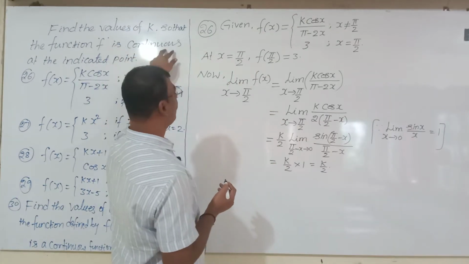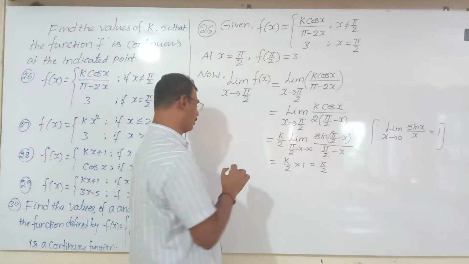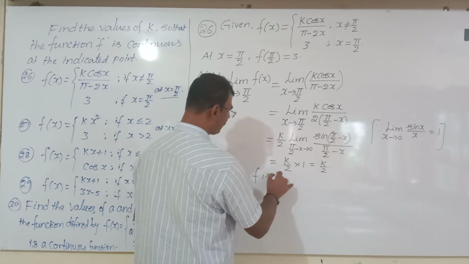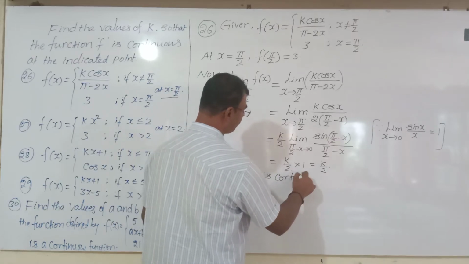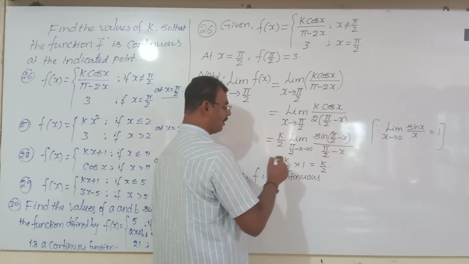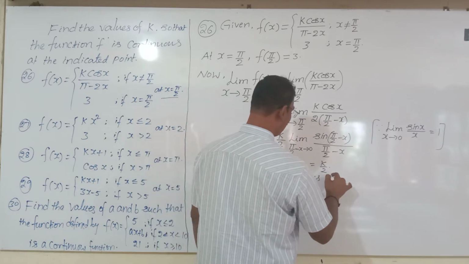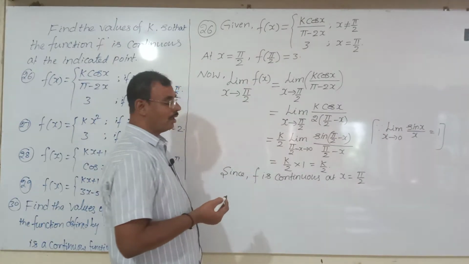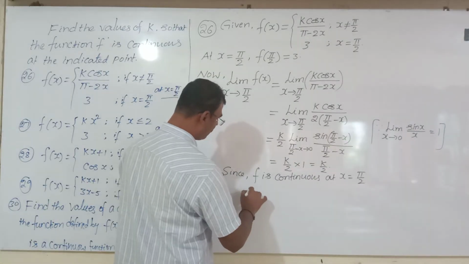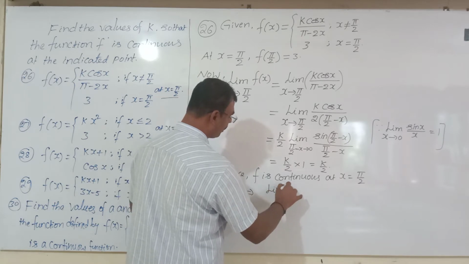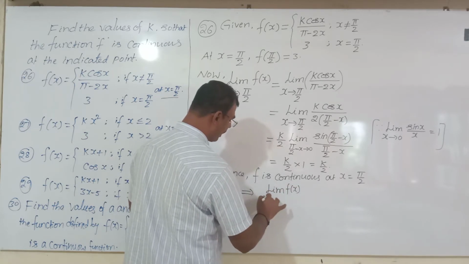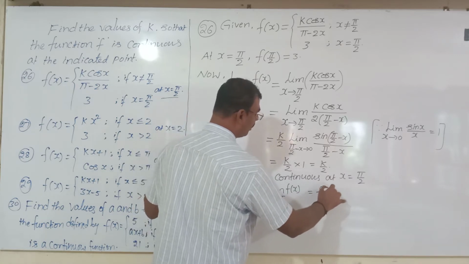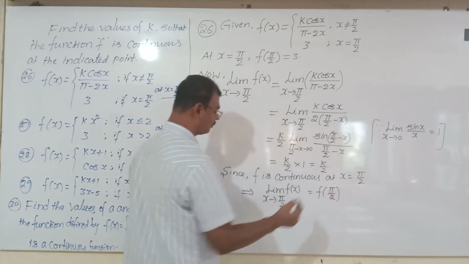Since f is continuous at x equal to pi by 2, this is given in the problem. So continuous means what? Limit of f of x as x approaches pi by 2 is equal to f of pi by 2.